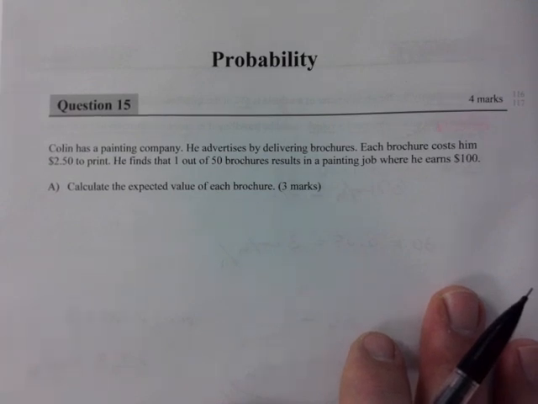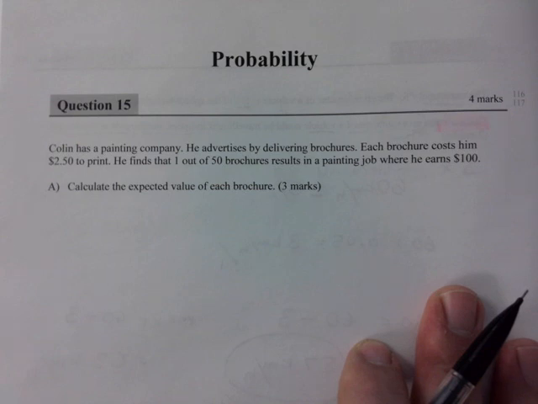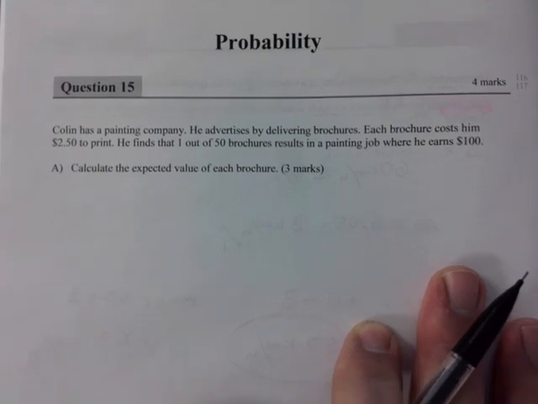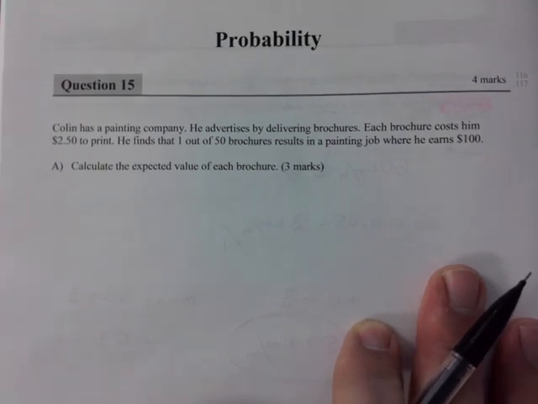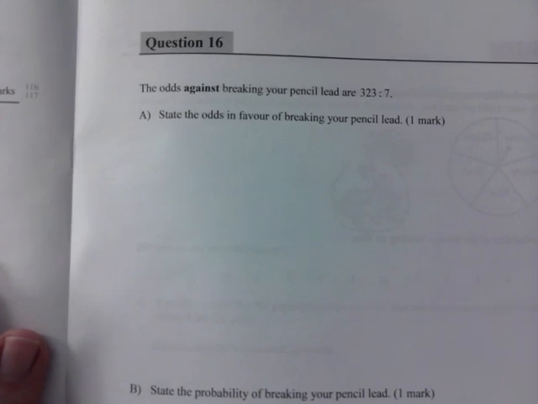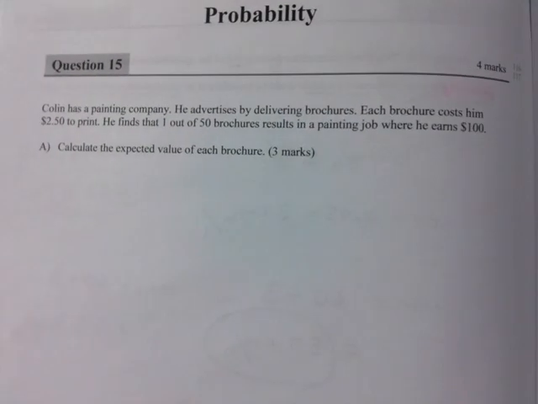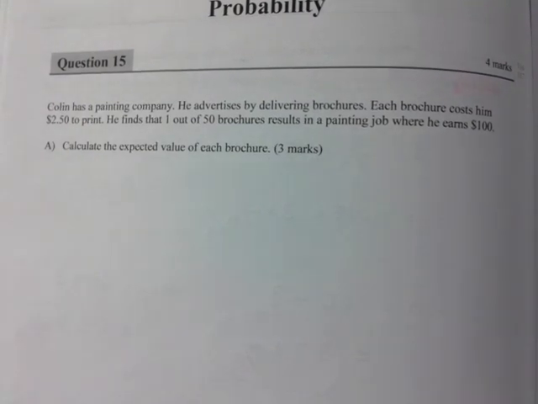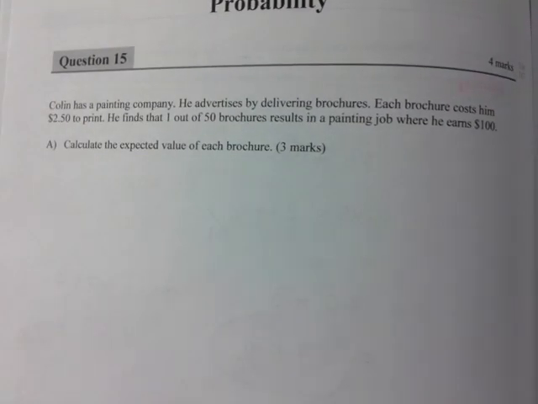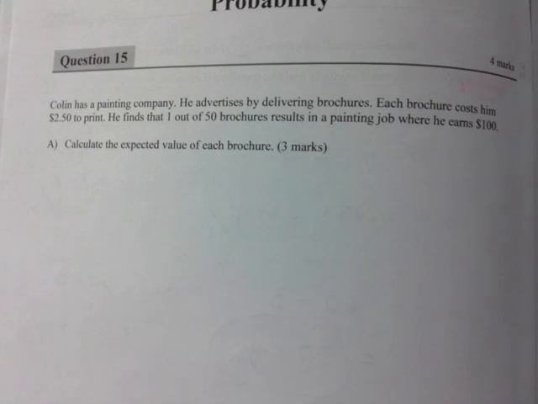From marking the test, I need to cover that and review it. So if you want to leave expected value for now and do all of the other ones, because the other ones won't take you long. We're talking odds, probability, stuff like that. Leave question 15 for now, unless you really want to do it. I would do all the other ones in this section and then come back to this one and give it a shot if you're up for the challenge. So take some time.